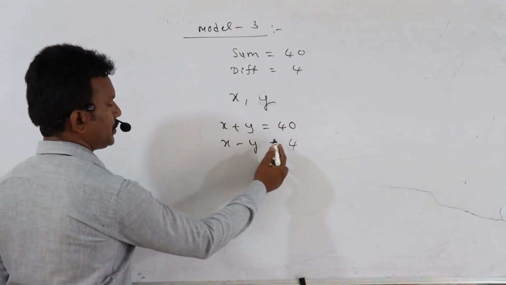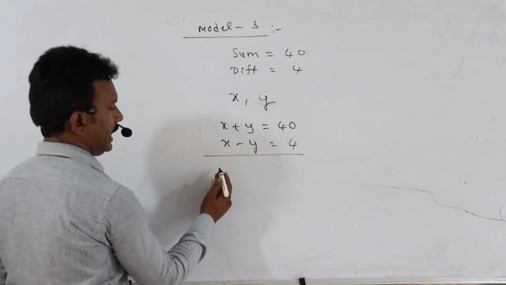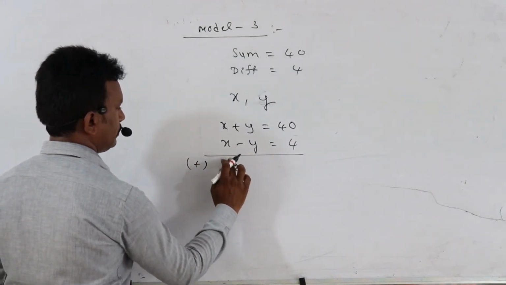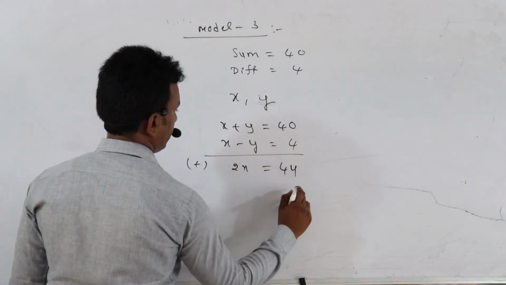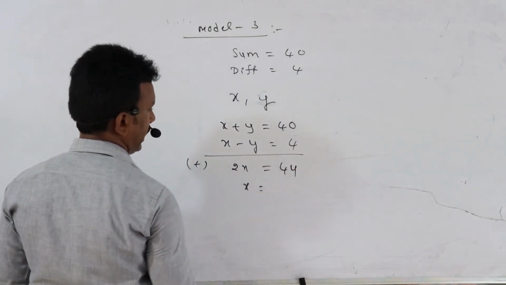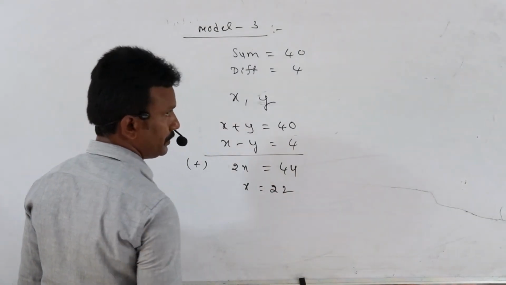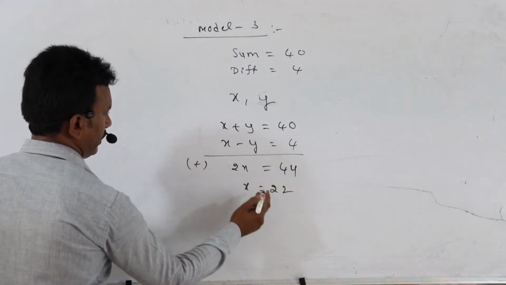By solving these two equations, we add them. We get 2x is equal to 44, so x is equal to 22.